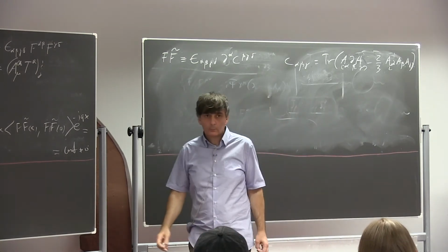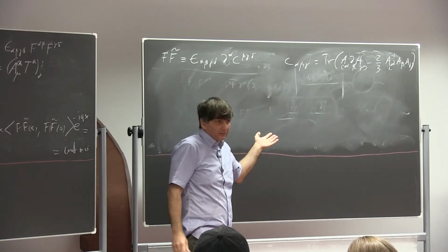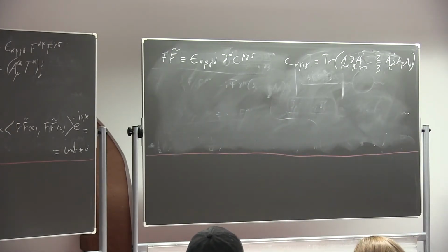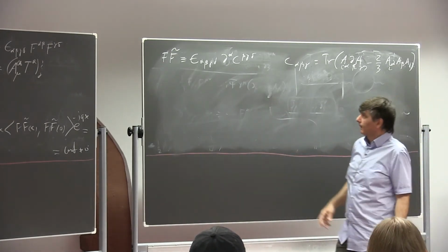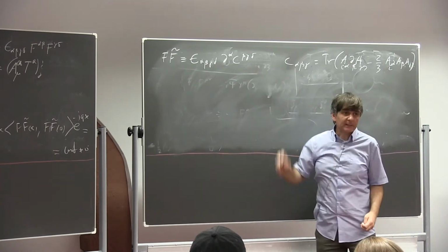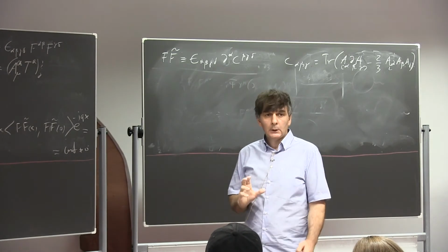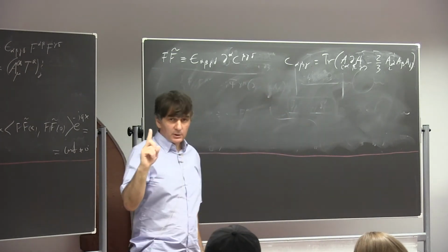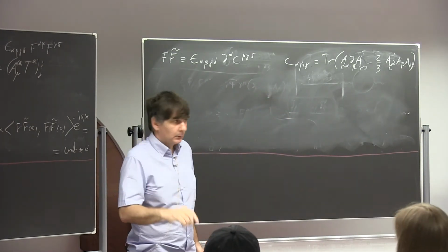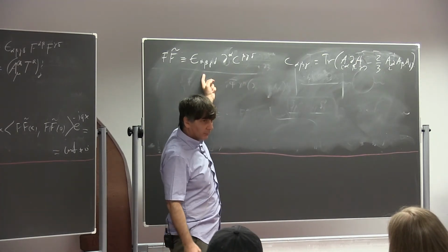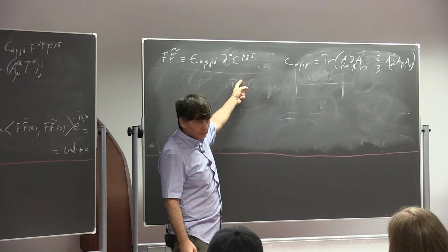Now, this is just rewriting, but actually it's more than rewriting, because again, C is a colorless quantity. But it's not gauge invariant. What is gauge invariant is the exterior derivative, but C itself is not.